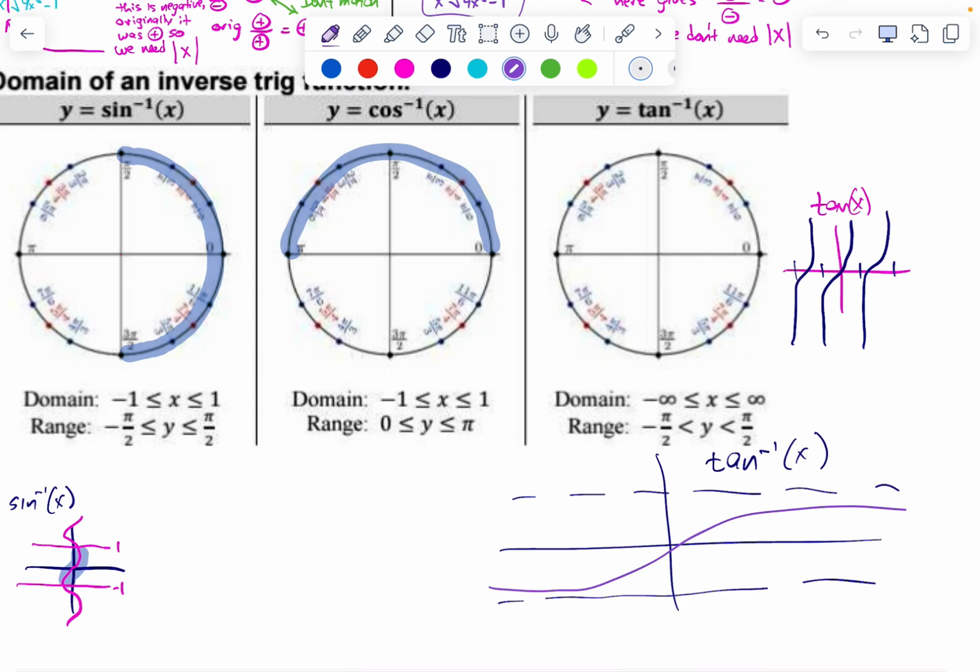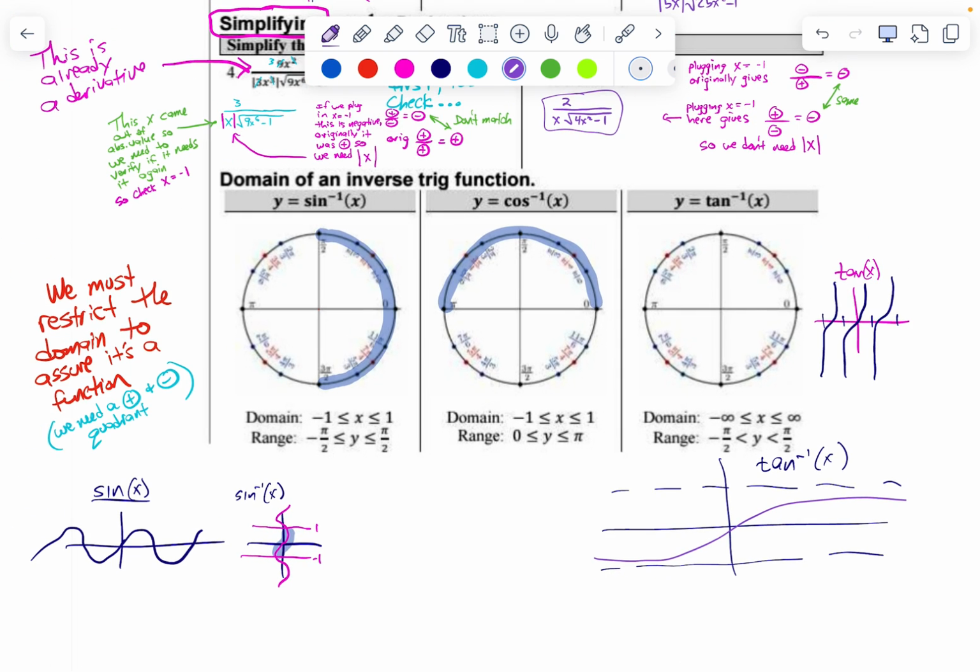So what's our domain? Do you see how it goes on infinitely left and right? But now our range is restricted. So we just flip that, domain and range. This one again is negative pi over 2 to pi over 2. Same thing as sine.